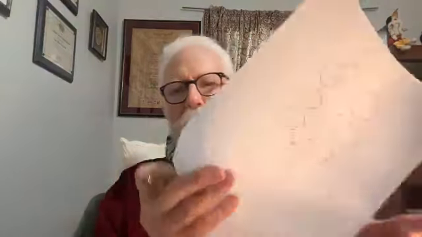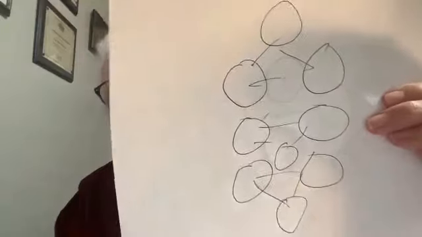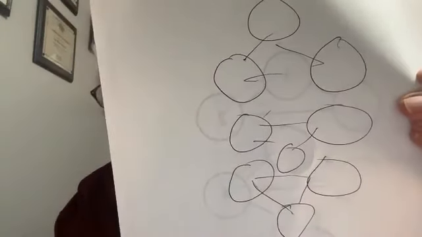Then 1, 2, 3, 4. It'd be these 3. That would be a perfect tree of life. 9 of them.